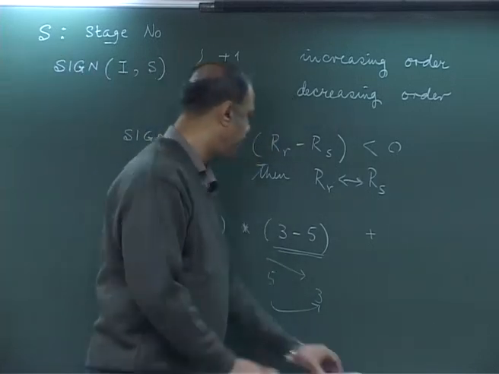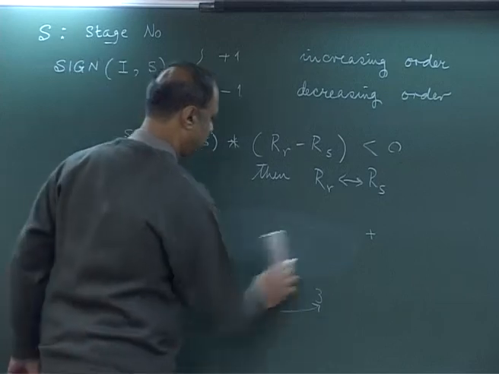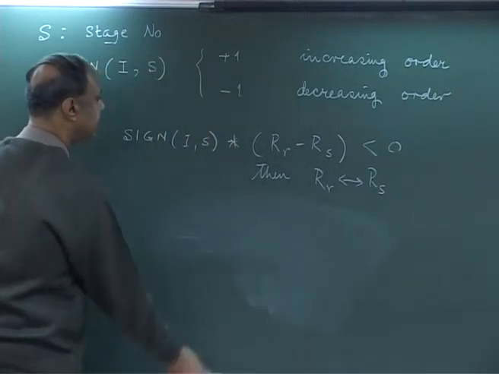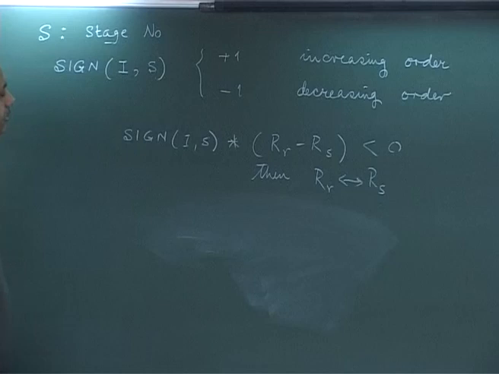So, if you find that this is less than 0, then you interchange.